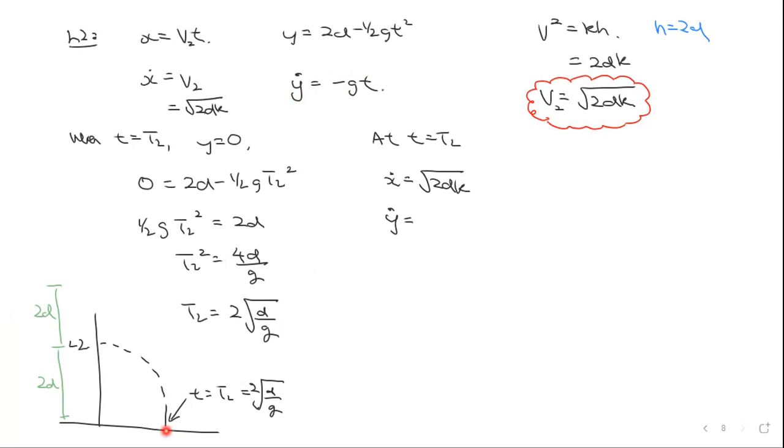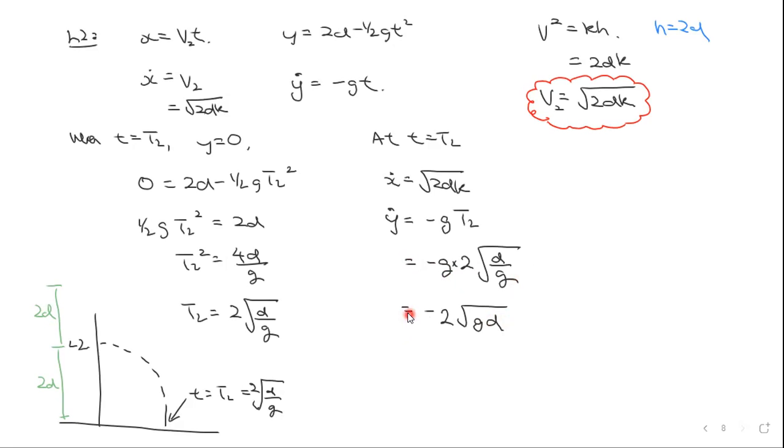So it's negative g times t2, which is negative g times 2 times the square root of d over g. So it's negative 2 times the square root of gd, because g goes inside to be g squared over g, which is just g.